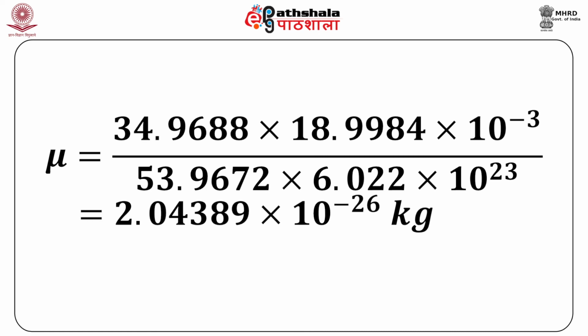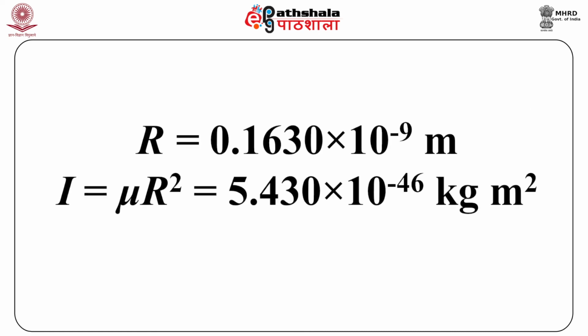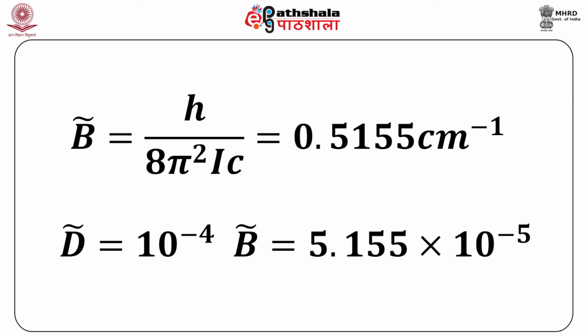You can find out the reduced mass, and then you can substitute the value of r to get the moment of inertia, which turns out to be 5.430 times 10 raised to the power of minus 46 kg meter square, and from this you can find out the value of the rotational constant, which turns out to be 0.5155 centimeter inverse.